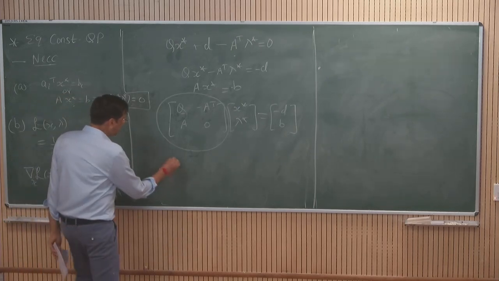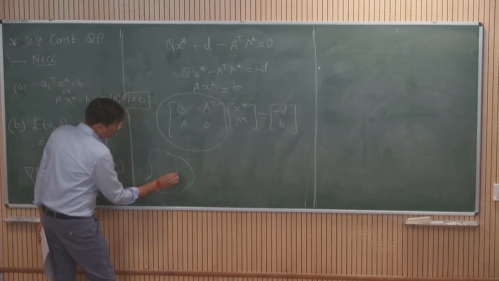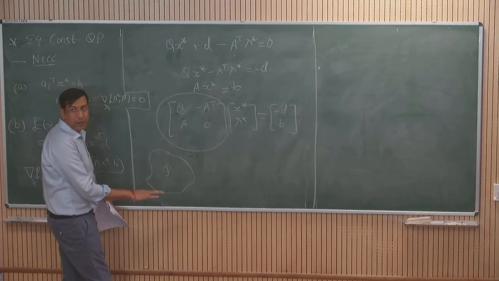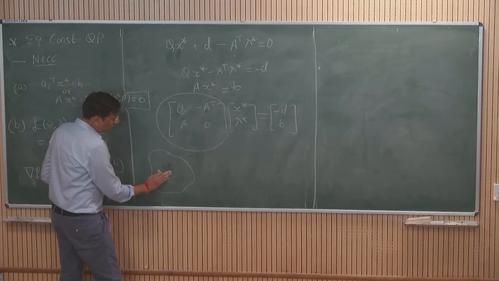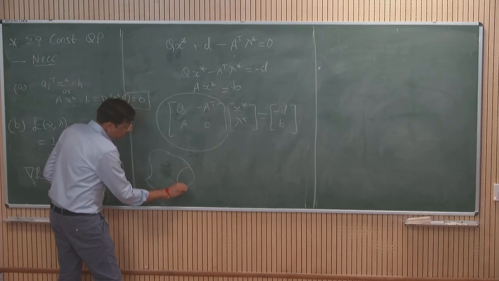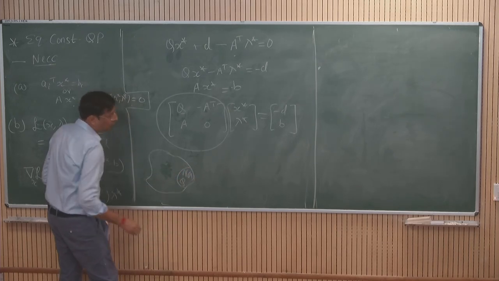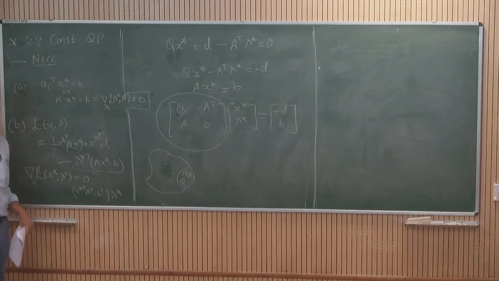So instead of saying that Q is positive semi-definite over all of Rn, although it's unbounded, we are saying that you take one small space, which is the null space of A, and show that Q is positive semi-definite over this. So this is a weaker condition, right? This will be easier to satisfy than satisfying it over all of this space. So that is the theorem we're going to write now. Is that okay?